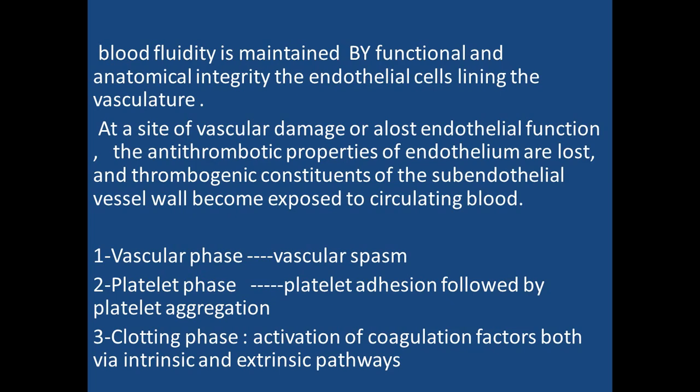This thrombogenic response is either triggered by loss of substances that maintain fluidity in case of endothelial dysfunction, or by exposure of the subendothelial thrombotic material that will be exposed to the blood when there is anatomical injury.